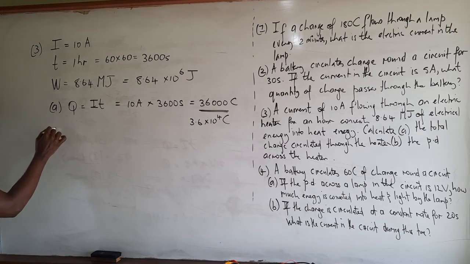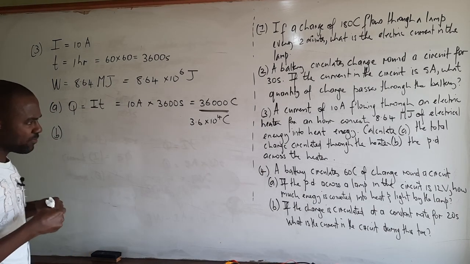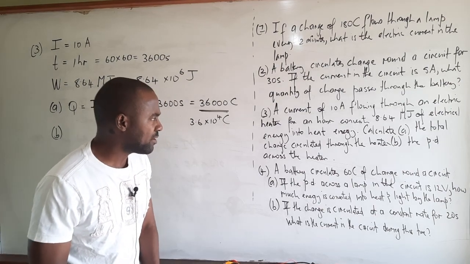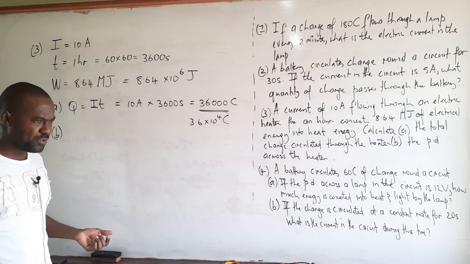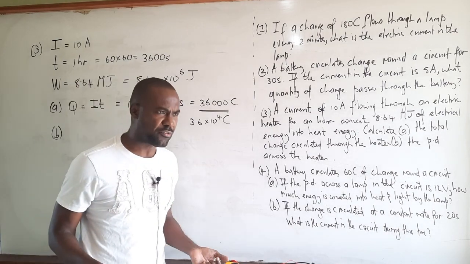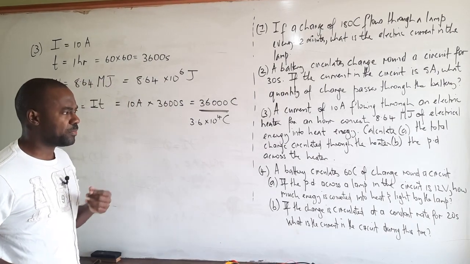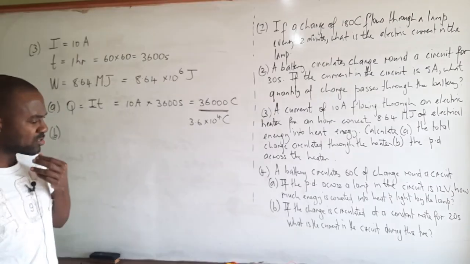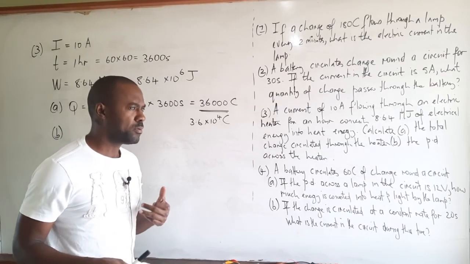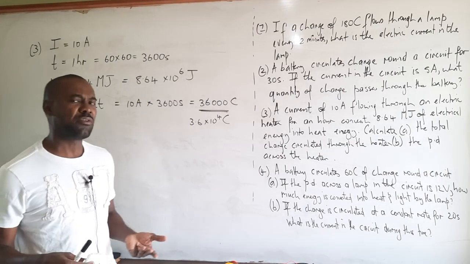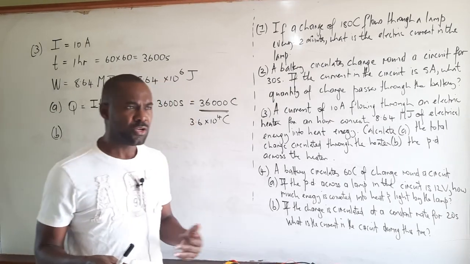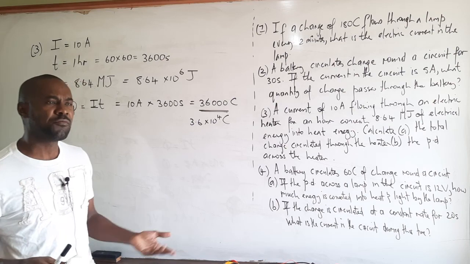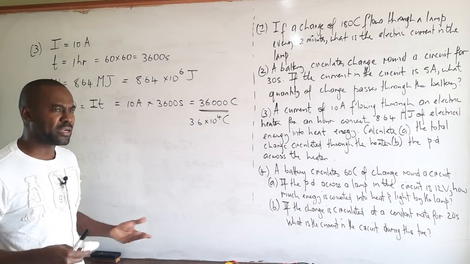Now let's look at part B. In part B of the question, we're asked to find the PD across the heater. In a previous video, we looked at the definition of potential difference. We defined it in terms of the energy converted from electrical energy to other forms per coulomb of charge flowing through the device.